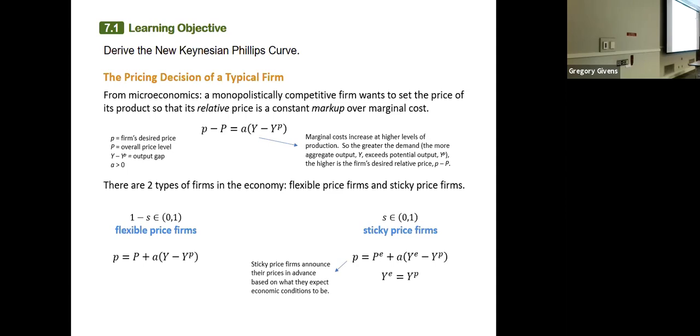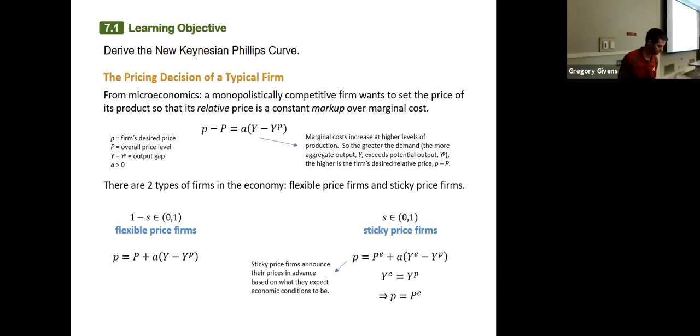So your forecast of output is going to be equal to potential output. Okay, now what's the implication of that? If expected output is equal to potential output, then Levi, your desired price is simply going to be your expectation of what the overall or aggregate price level is going to be. Okay, so this is the way that flexible prices behave. This is the way that sticky price firms behave.